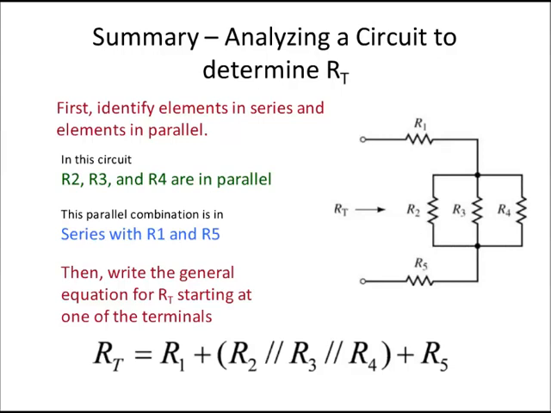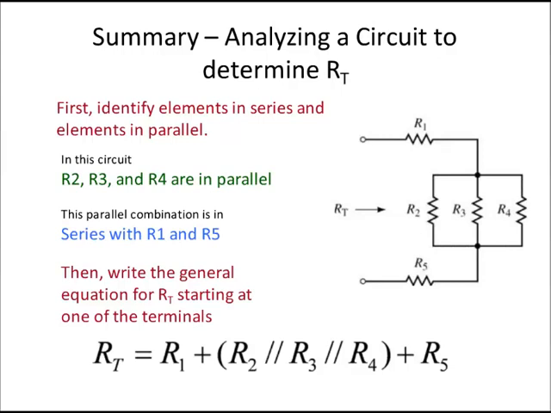R1 will contain IT, R5 will have IT flow through it as well. But when IT reaches the top of the parallel combination of R2, R3, and R4, it will branch through those resistors and then recombine at the bottom of the three parallel resistors.